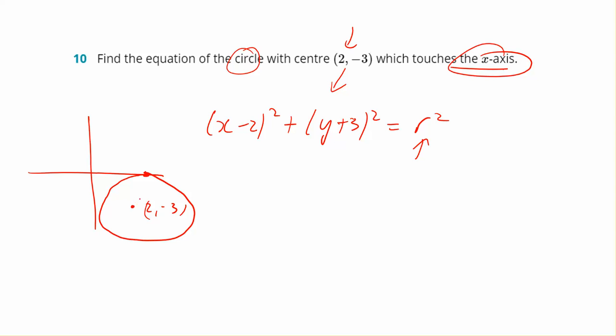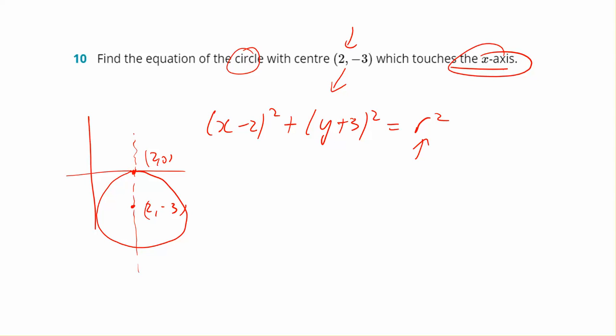Knowing my circles, I know that the axis of symmetry of a circle is right in the middle. So if it touches the x-axis at that point, it's in line with the center. So I know that (2, 0) must be a point, because it has to be in line with the center.